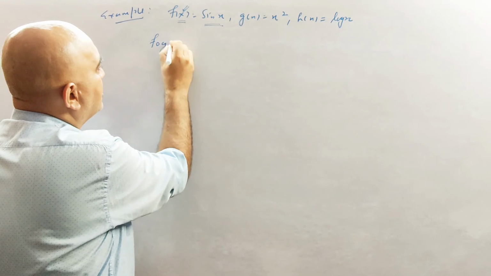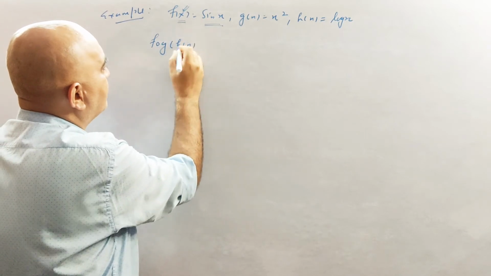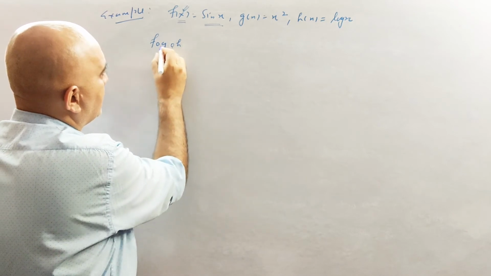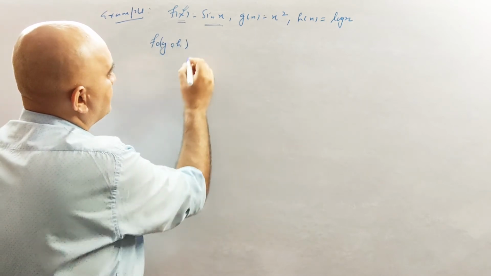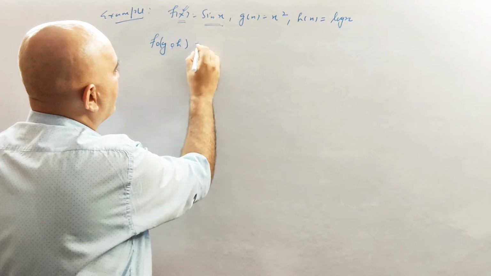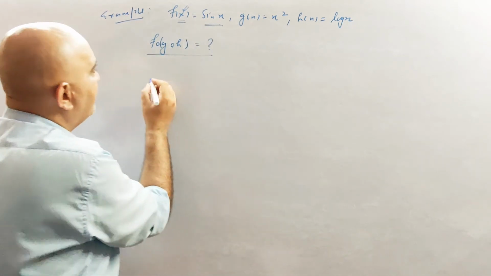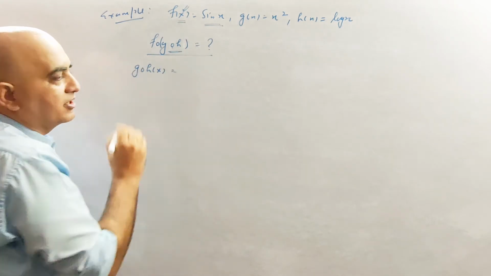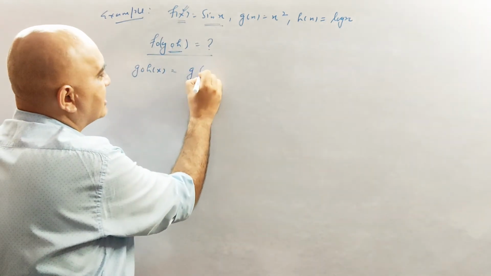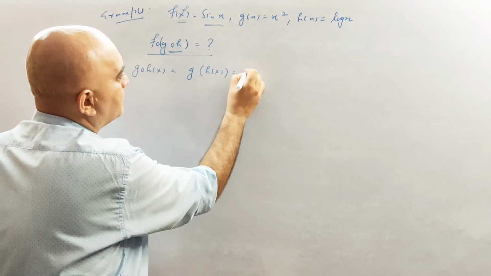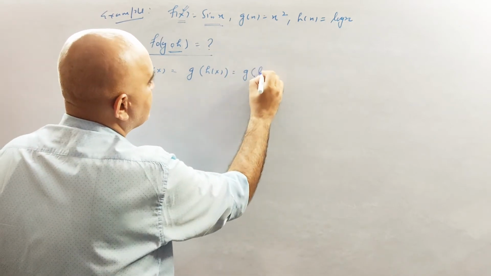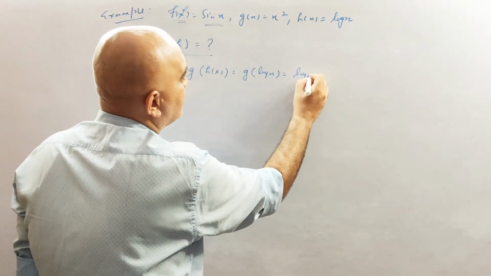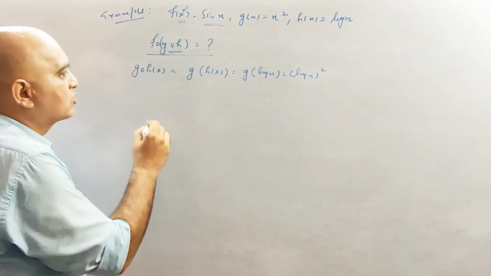When we need to find out the value of f of g of h of x in this way, what will happen? First of all, we define the value of g of h of x, this bracket. So g of h of x is, what is h of x? Log x, and g of log x becomes log of x whole square.